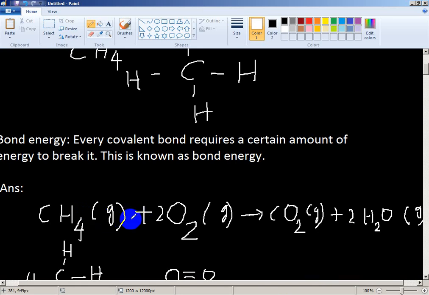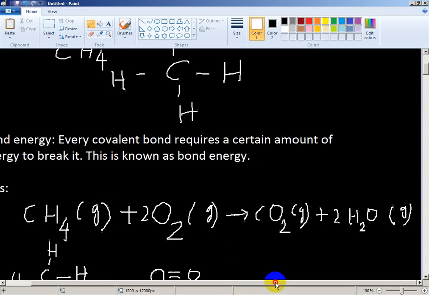Is energy gained or released during bond breaking? Energy is gained. Energy needs to be supplied, otherwise the bond will not break. So energy is absorbed here, gained.